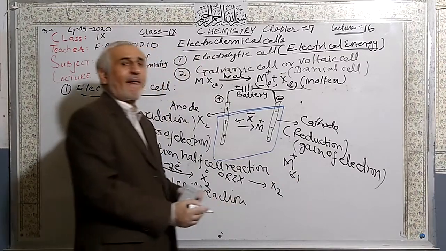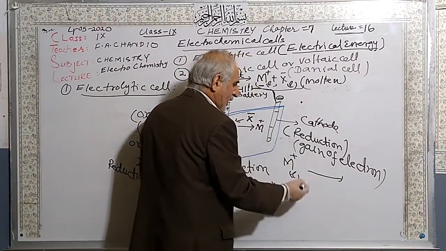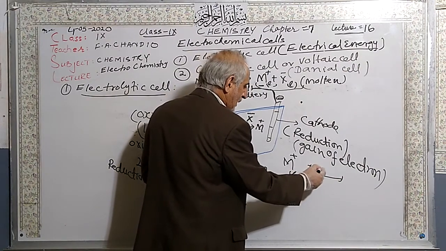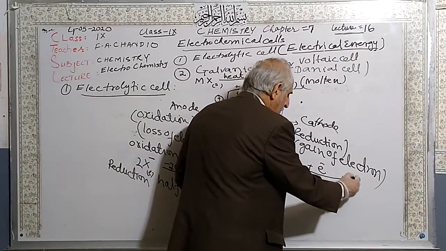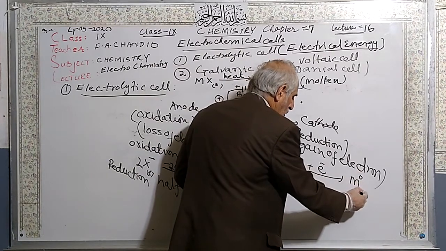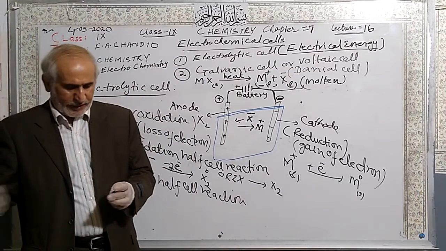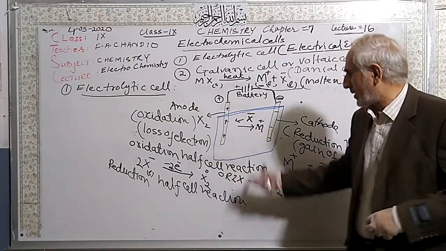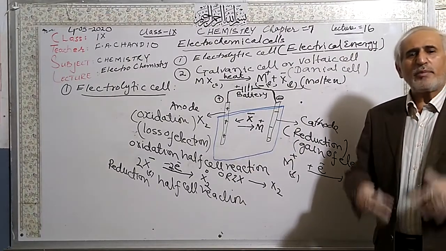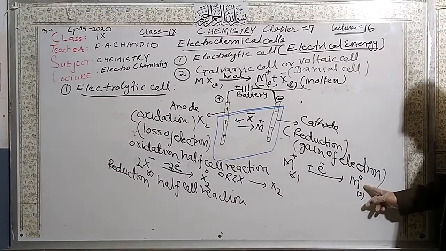Metal ion. So by gaining electrons, because at reduction there is gain of electrons, it should be plus electron. I will write the electron later, and you will get the metal solid. First it is formed in liquid, then you can solidify it. First sodium is going to be formed, or potassium is going to be formed, because the temperature is high. So it is in the liquid form, then you can solidify it. So in the end you will get the solid metal with zero charge.